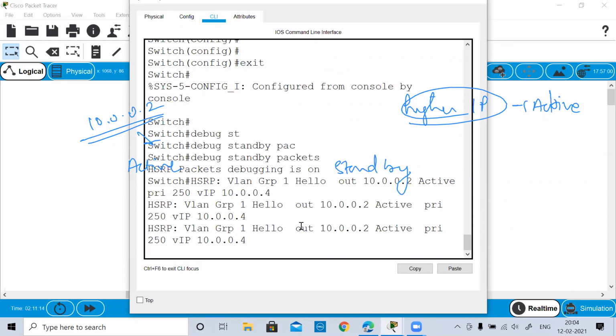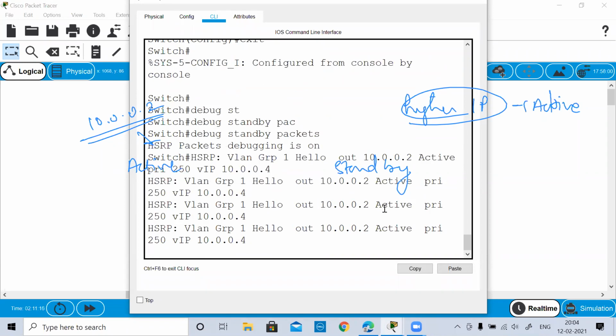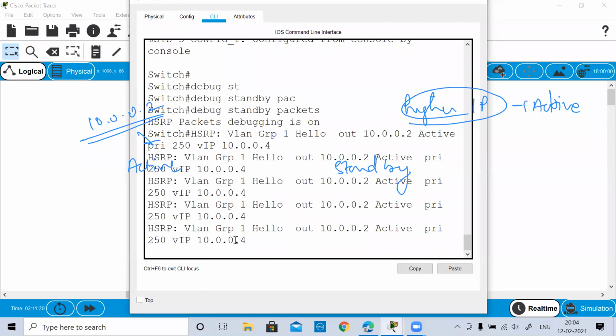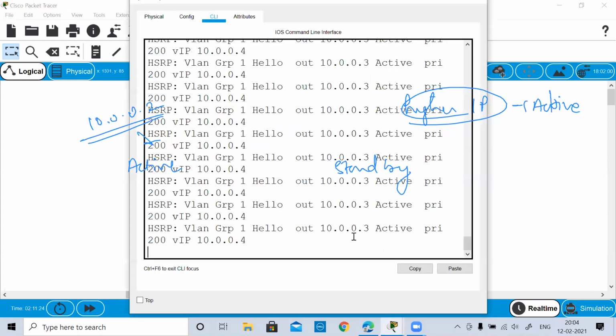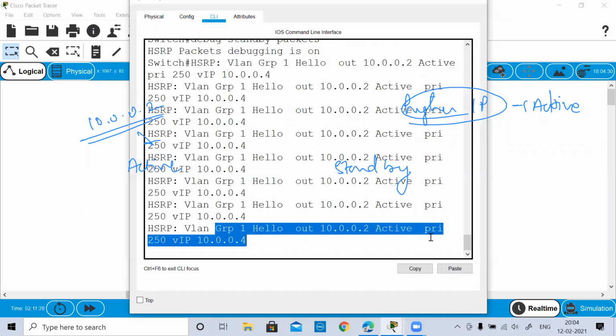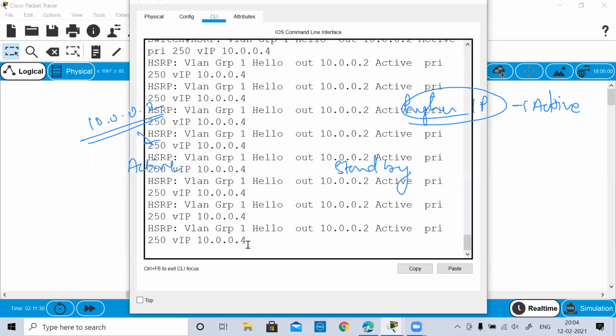Hello out to 10.0.0.2. Initially it was acting as active. What is the virtual IP? Here it is showing active. Here it is showing 10.0.0.3, the IP which was configured as this.